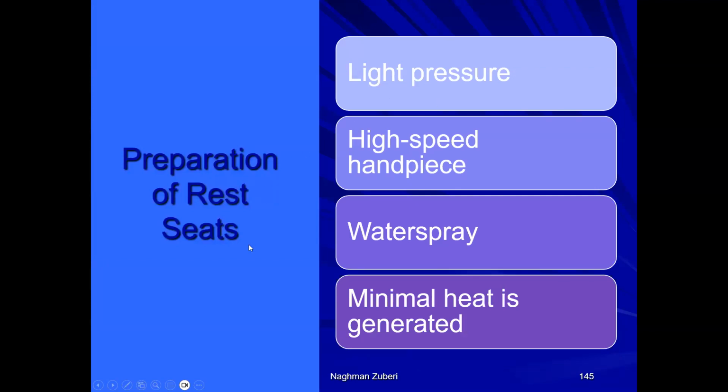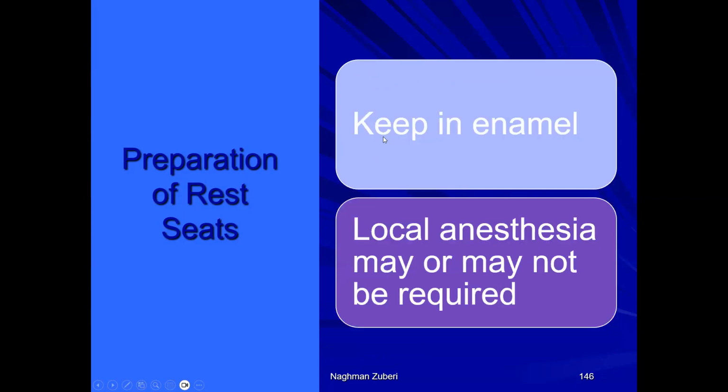When you are preparing the rest seats, you should apply very light pressure. Always use a high-speed handpiece and use water spray so that heat is not generated. As we have to keep it in enamel, depending upon the situation and the authorities, if they ask that you give local anesthesia in every procedure, then you have to give it.